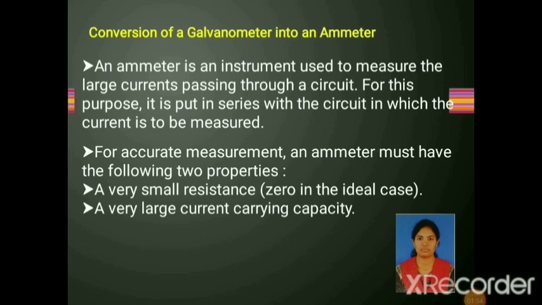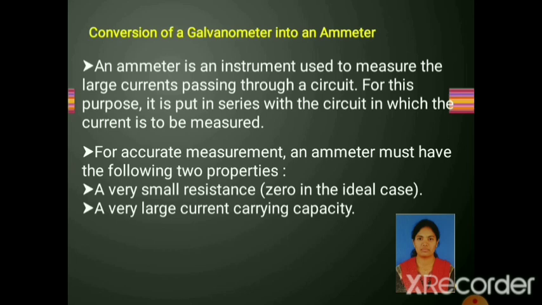An ammeter is an instrument which is used to measure large currents passing through a circuit. For this purpose, it is put in series with the circuit in which the current is to be measured.